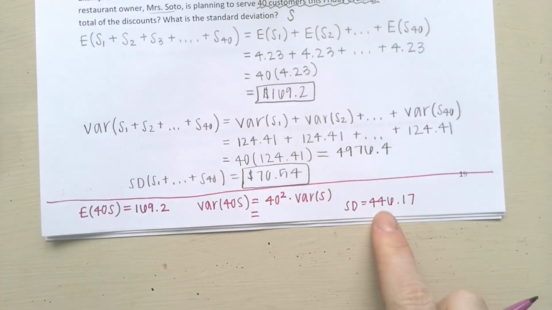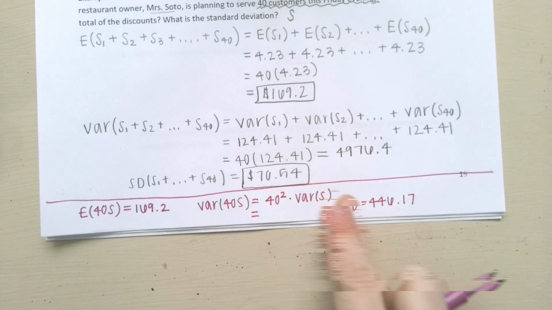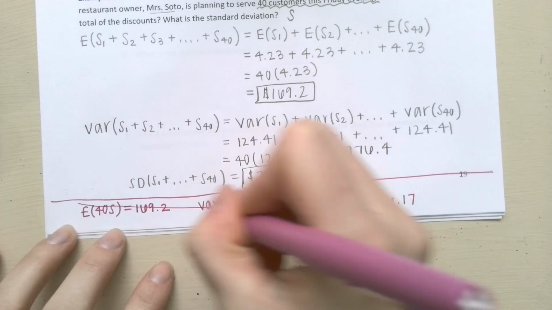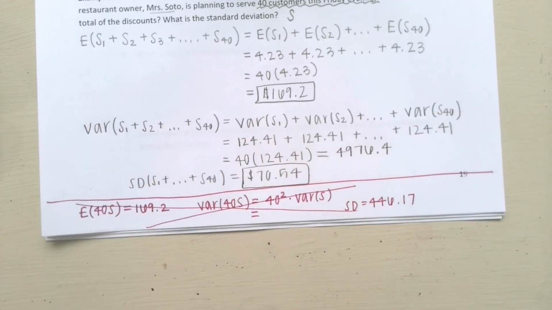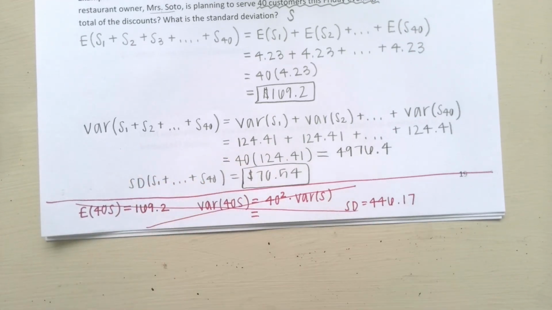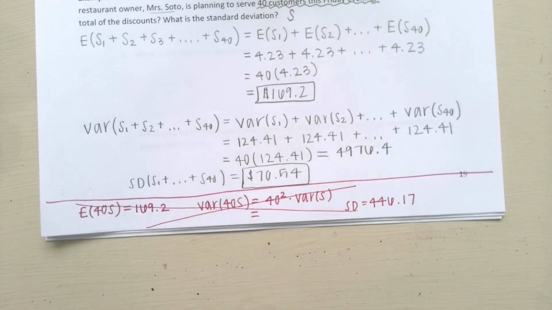That is a lot different than a $70 standard deviation. So watch out here. We're not multiplying what we're expecting to happen by 40. What we're doing is looking at 40 different random variables, but we're just using that multiplication as a little bit of a shortcut for our calculator.